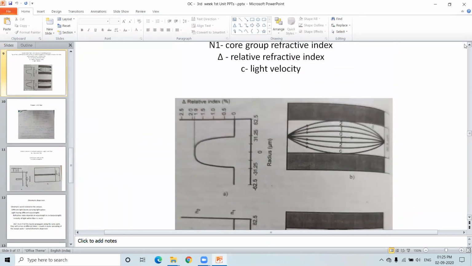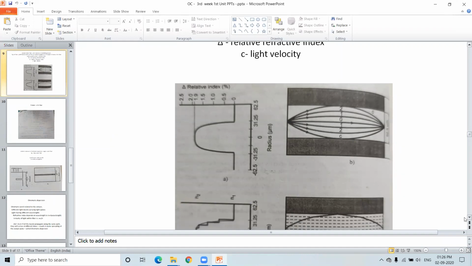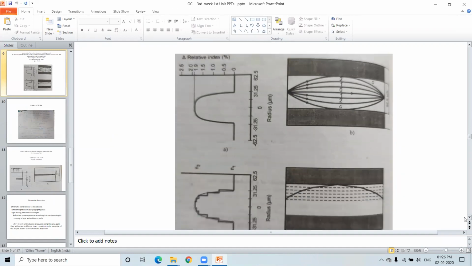Now you can see here, this is the zero mode. It is traveling less distance, and has to travel at a lower speed because of the high refractive index of this layer. And the first mode is traveling in this curved path, where the second layer has a little lesser refractive index than this one.